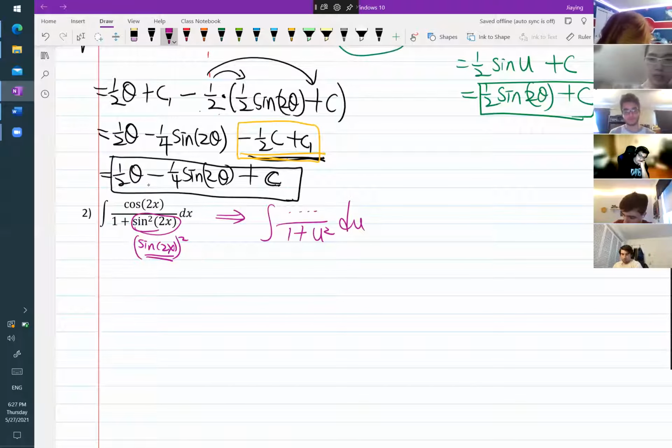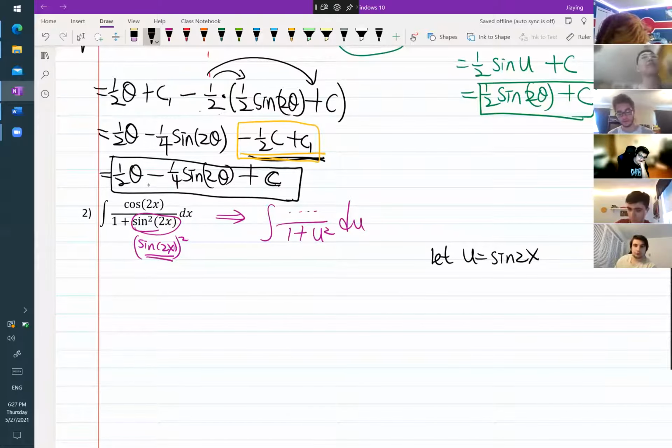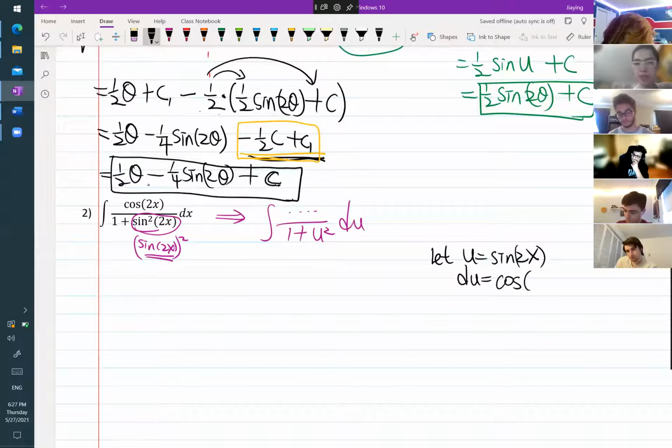Using substitution, we let u equal sine 2x. Then take the derivative, du. When we take the derivative of sine 2x, we have to use the chain rule. Sine gives me cosine, so that's cosine 2x, but then we take the derivative of the inner function 2x, which is 2 dx.